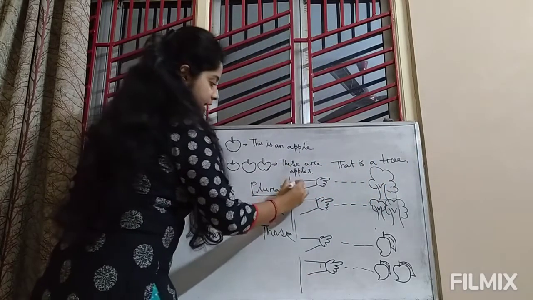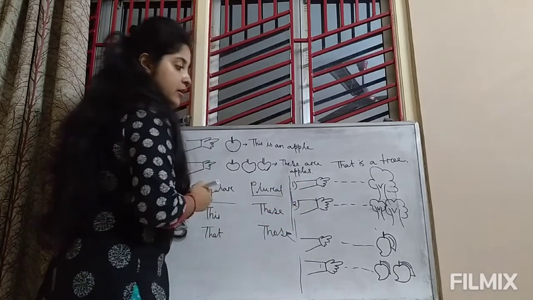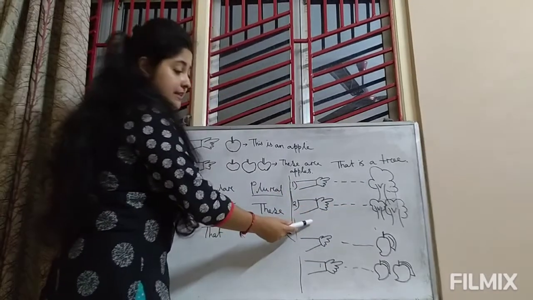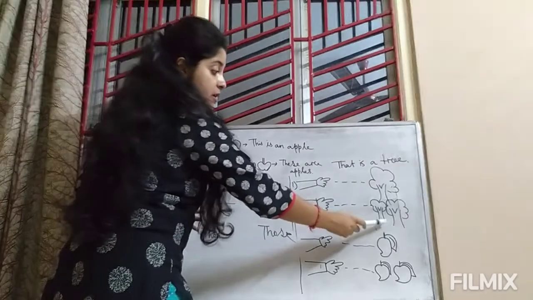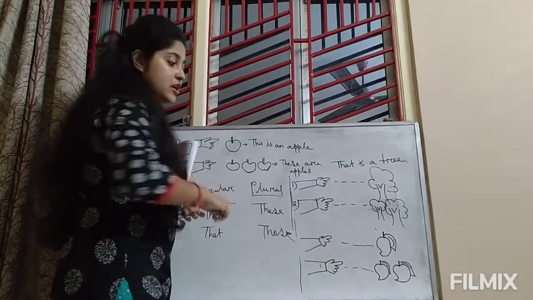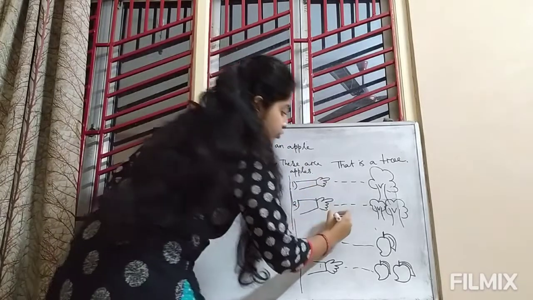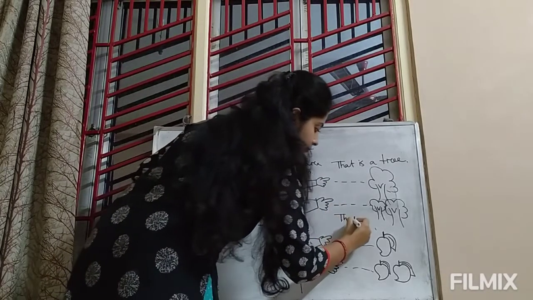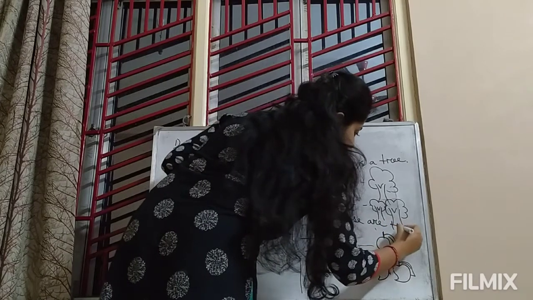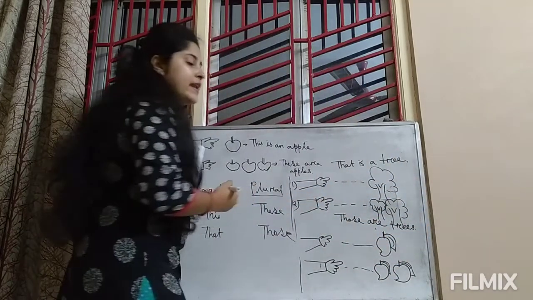Now the second picture. Here we can see the trees are far from this hand, but there are more than one tree. There are two trees. So here we will say, those are trees. Understand, students? Very easy.